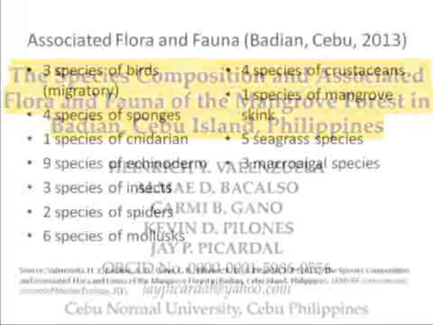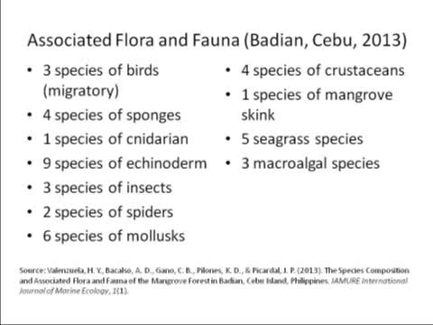The study reported 3 species of migratory birds, 4 species of sponges, 1 species of cnidarian, 9 species of echinoderm, 3 species of insects, 2 species of spiders, 6 species of mollusks, 4 species of crustaceans, 1 species of mangrove skink, 5 seagrass species, and 3 macroalgal species found in the mangrove forest in Badian, Cebu.